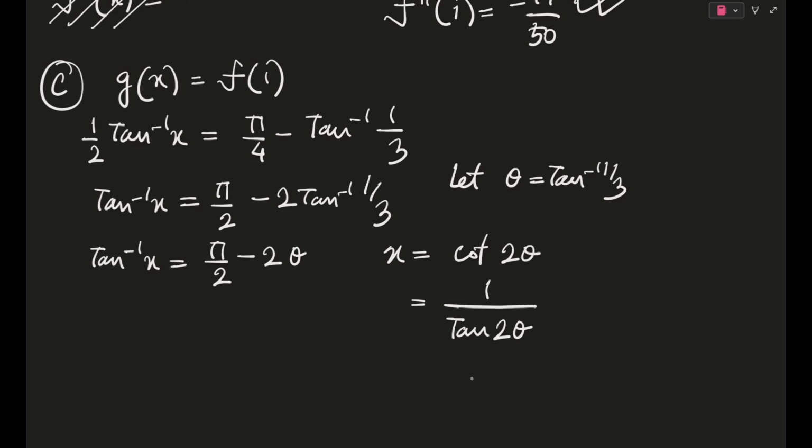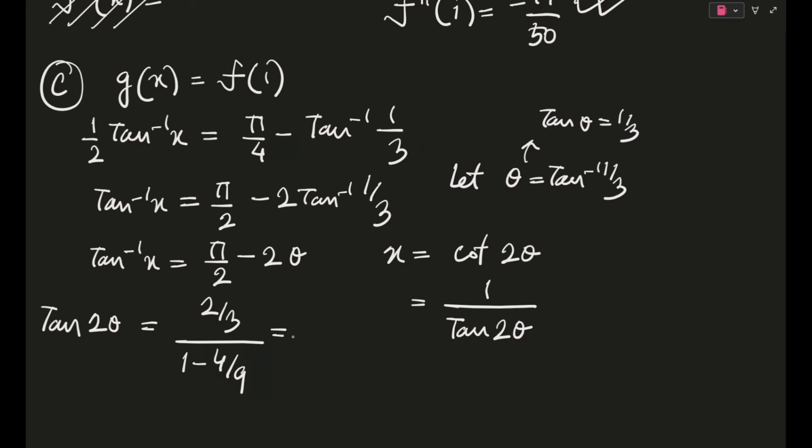Tan theta is equal to 1 by 3, so tan 2 theta will be 2 tan theta by 1 minus tan squared theta. So this will be 2 by 3 into 9 by, I guess, 5, it is coming. Wait, I will check.